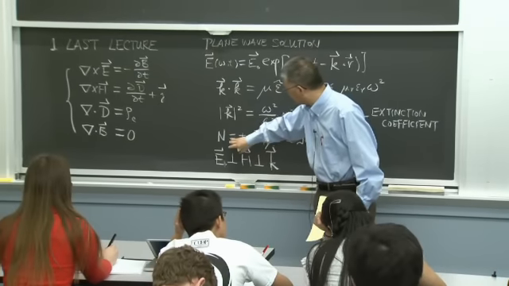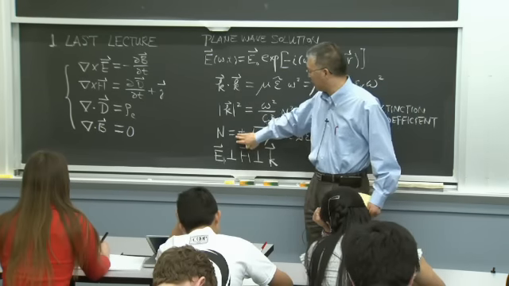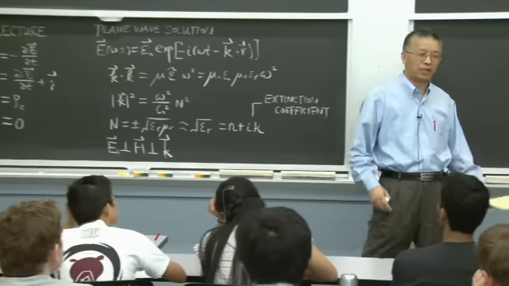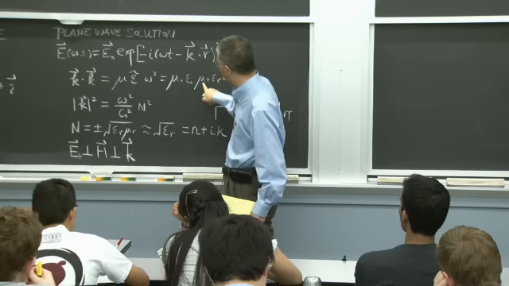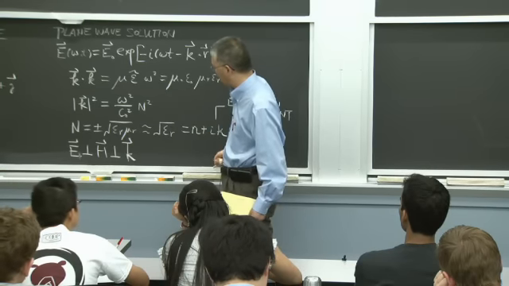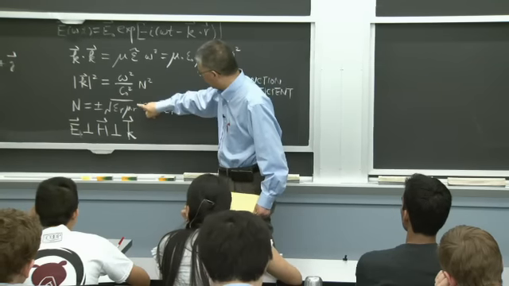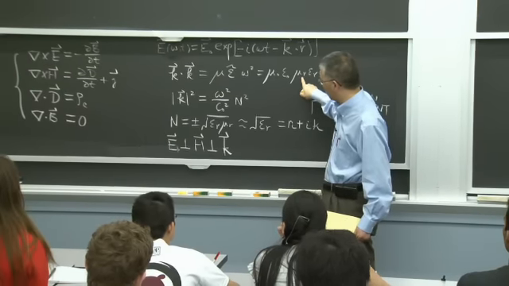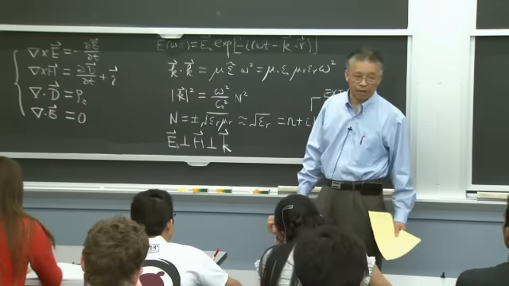If you take the root of n, normally we take only the positive root. So in most cases, don't worry about it. It's a positive root. The refractive index equals the square root of the relative dielectric constant times the relative magnetic permeability. But in the optical frequency range, the permeability is usually 1, so it's really just the square root of the dielectric constant.